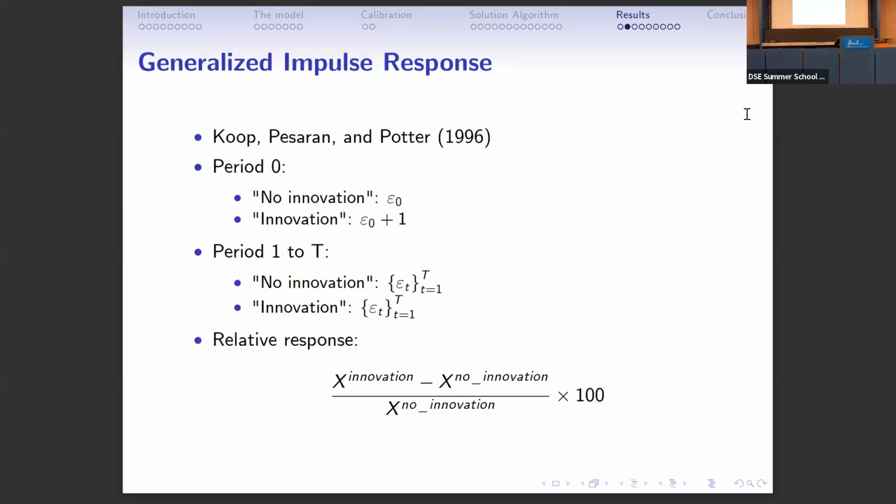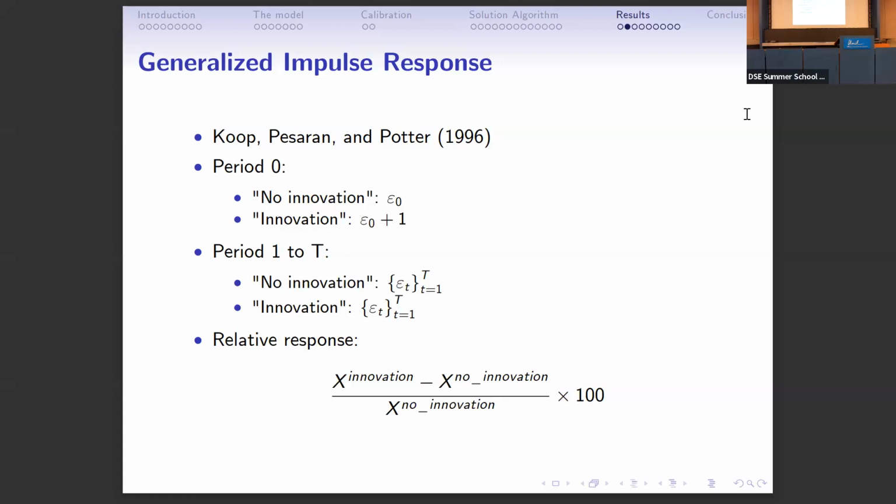Then we do impulse responses following this Besseran and Potter paper. Since we have many shocks, you cannot really shut down all of them to draw impulse responses. What you should do is use your solutions with all the shocks, and when you plot impulse responses, all the shocks should be there as well.